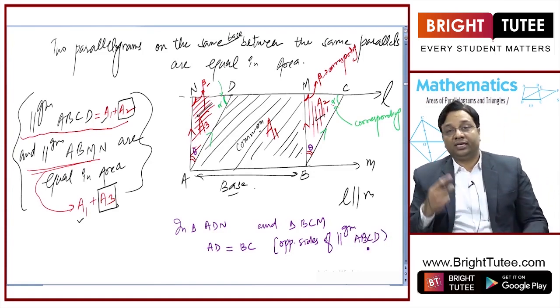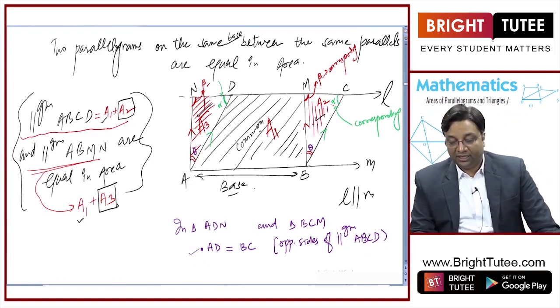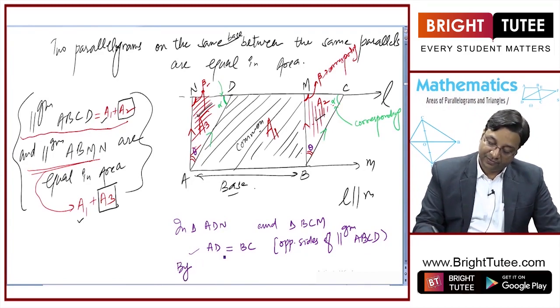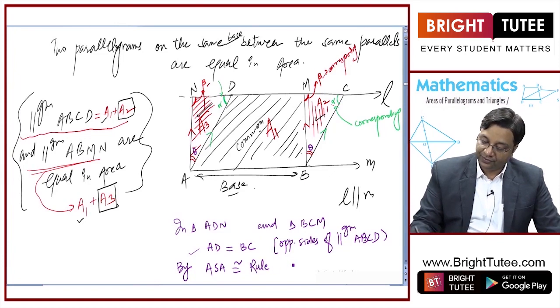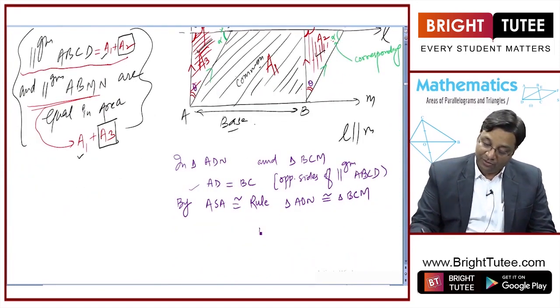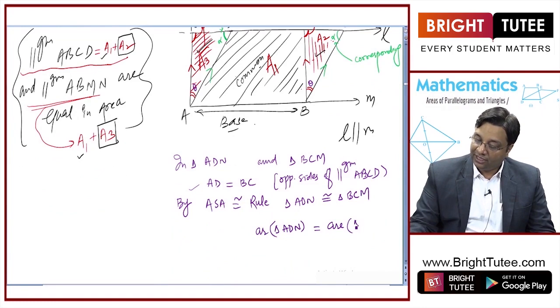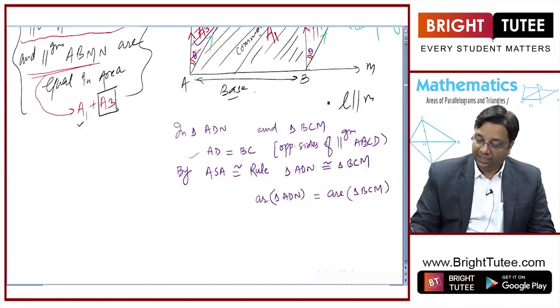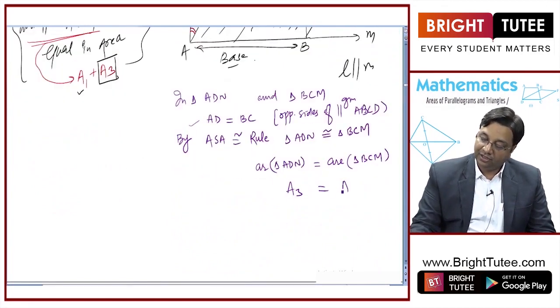Now that I have shown two angles as equal and one of the sides as equal, right, then I can say that by angle side angle congruence rule, triangle ADN is congruent to triangle BCM, and if these are congruent, their areas are equal. So, area of triangle ADN is equal to area of triangle BCM. That means A3 is equal to A2.